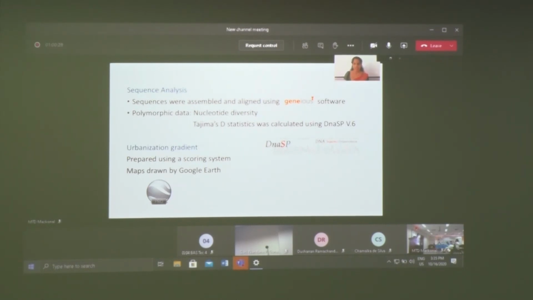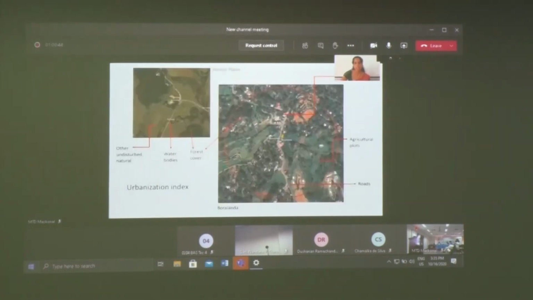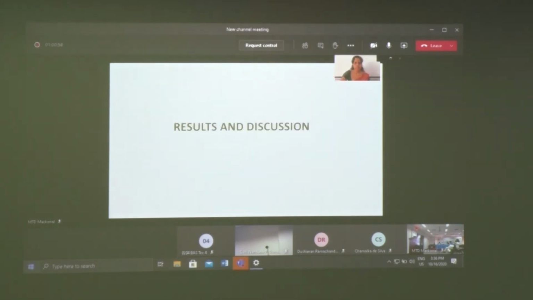An urbanization gradient was prepared using a scoring system, using several features of the landscape, and these maps and the landscape features were drawn using Google Earth. These were the features I used: human construction, agricultural plots, roads, forest cover, water bodies, and other undisturbed natural habitats.